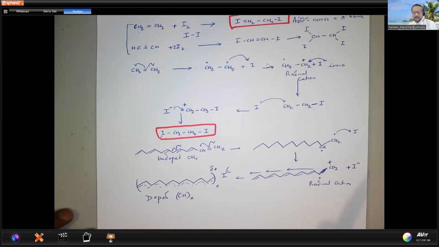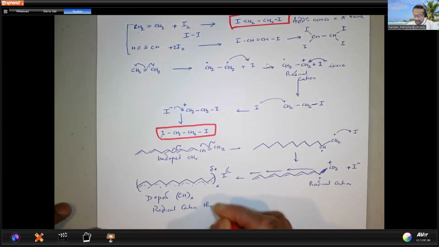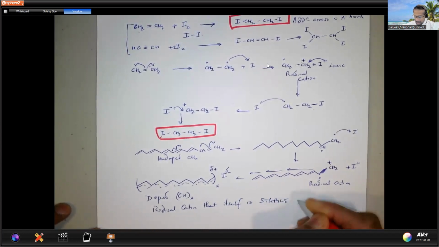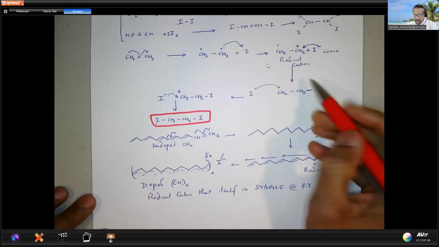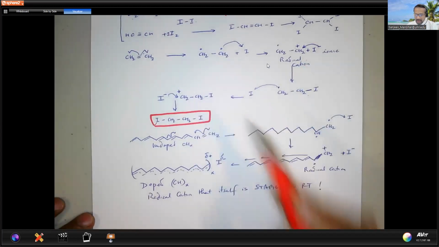So now I hope you understand how this dot dot dot structure comes about. It's the radical cation that itself is stable, okay, at room temperature. Something that is so unstable, like this radical cation, then collapses to an addition.